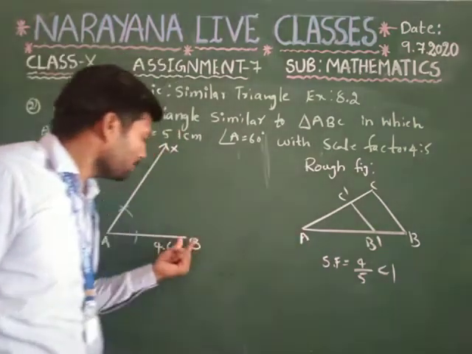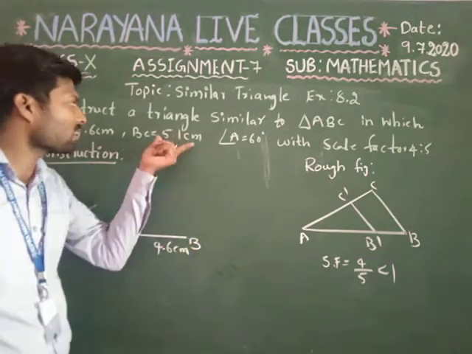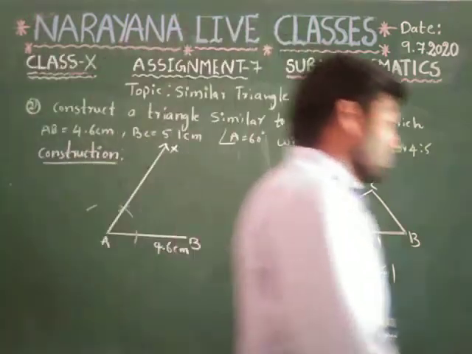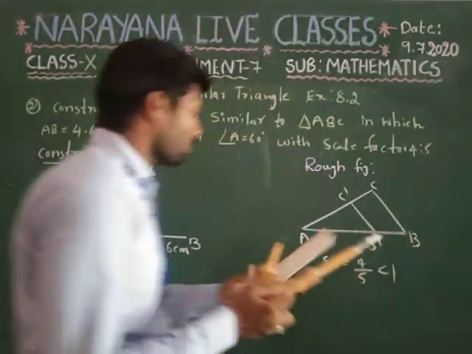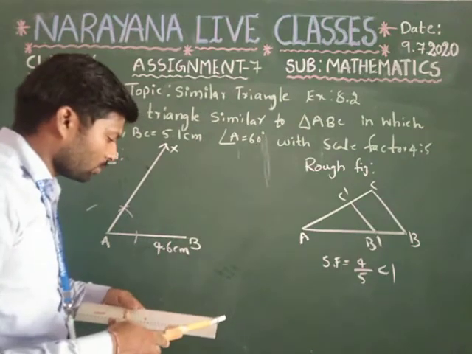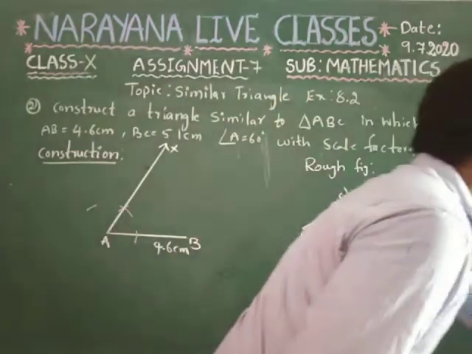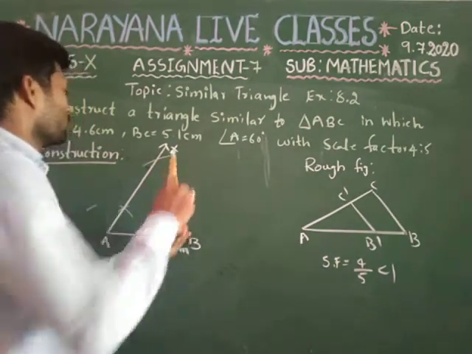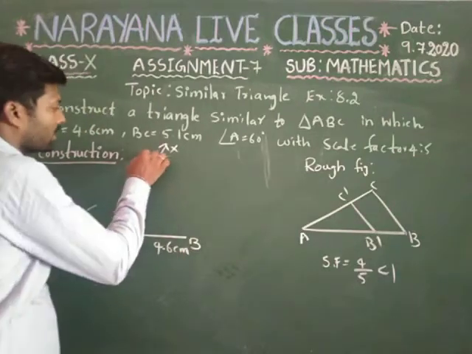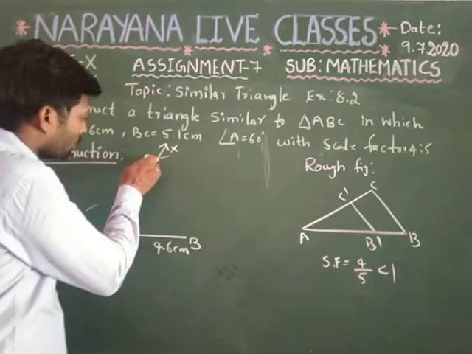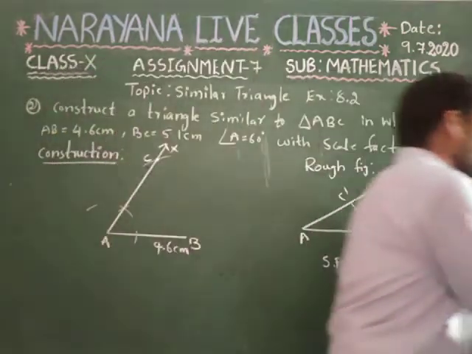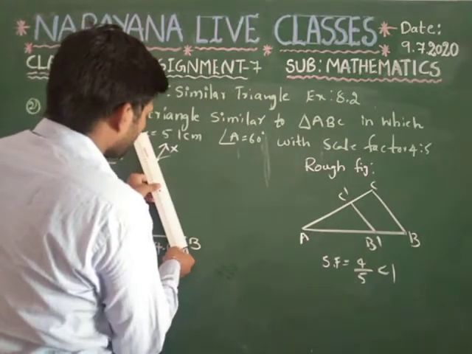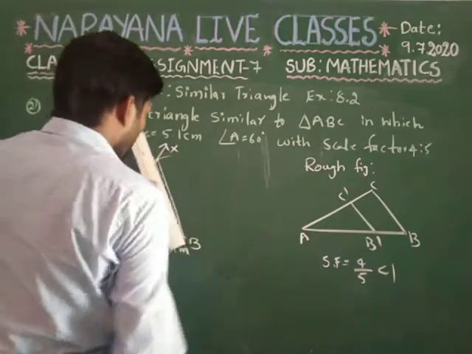Now from point B as a center, with 5.1 centimeters as the radius, draw an arc. The point of intersection, let me take it as point C. Now you have to join point C and B to form the line BC.